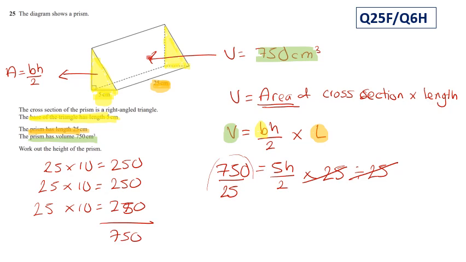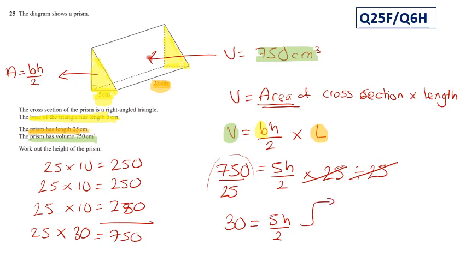So 25 times 30 equals 750, so that simplifies to 30. Now if I didn't recognize that three 250s make up 750, I could have divided both the numerator and denominator by 5 twice in order to figure that out, and I would have ended up with 30 equals 5h over 2.